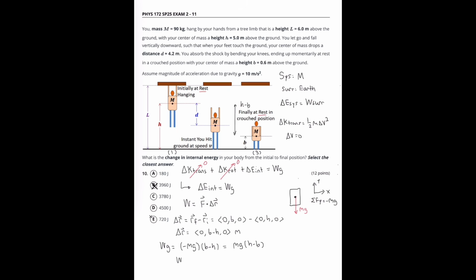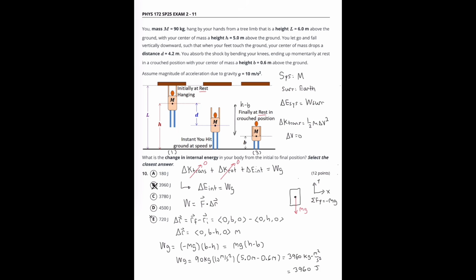So we get that the work of gravity is equal to our mass of 90 kg times gravity, 10 meters per second squared, times our distance h, which is 5.0 meters, minus distance b, which is 0.6 meters, and that will give us 3,960 kilograms times meters squared per second squared, and that can also be written as 3,960 joules.